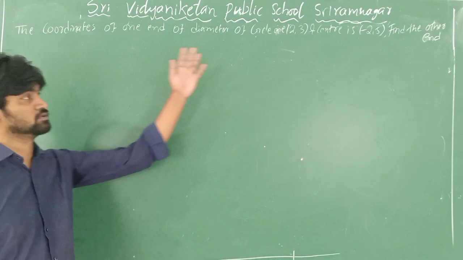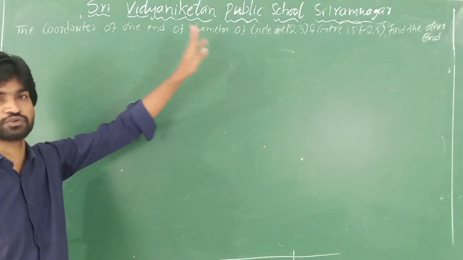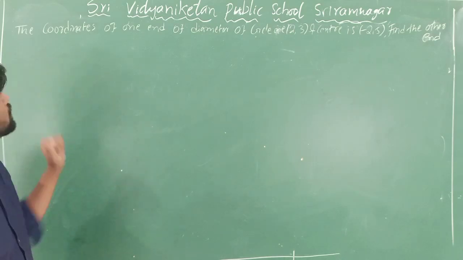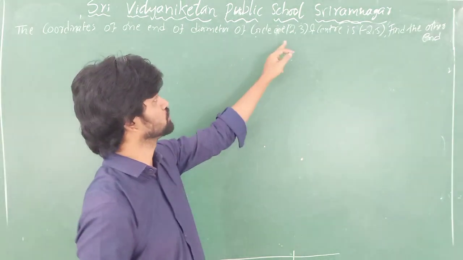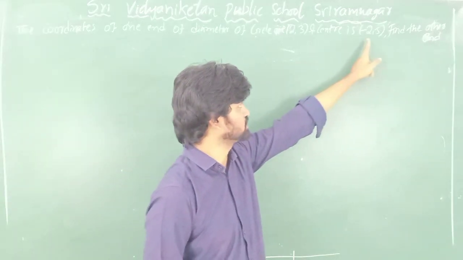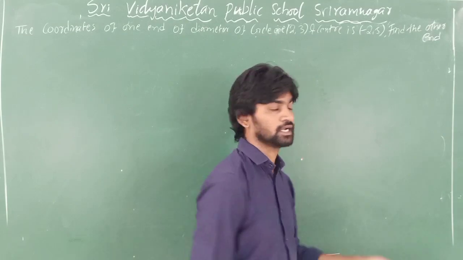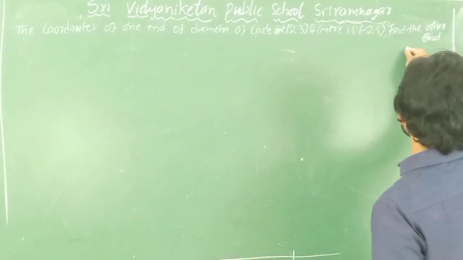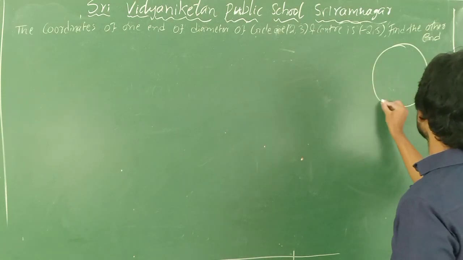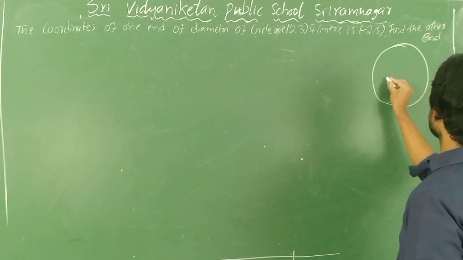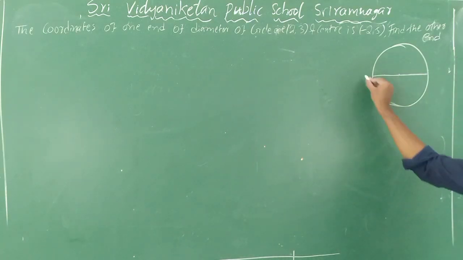See, this is an important model. It can be asked in MCQs or 2 marks questions. The coordinates of one end of a diameter of a circle are 2, 3. The center is -2, 5. Find the coordinates of the other end. So first draw a circle. The diameter is given.